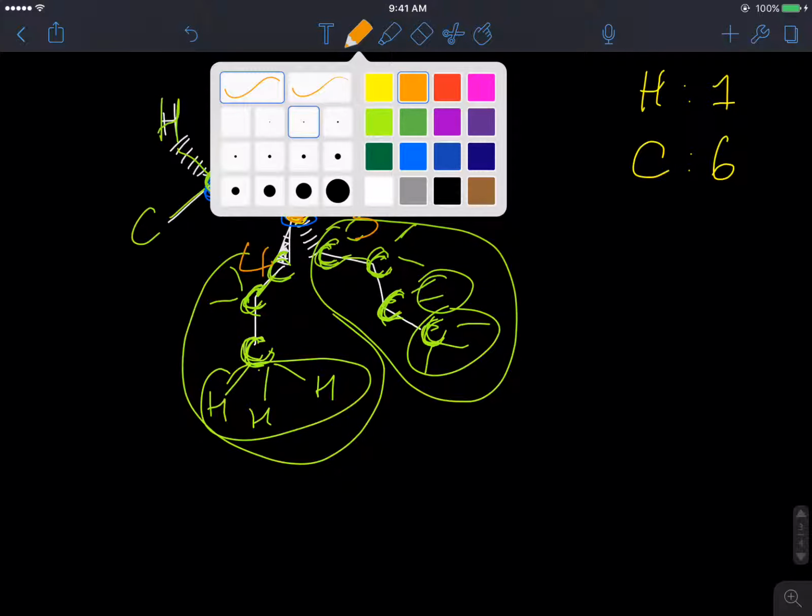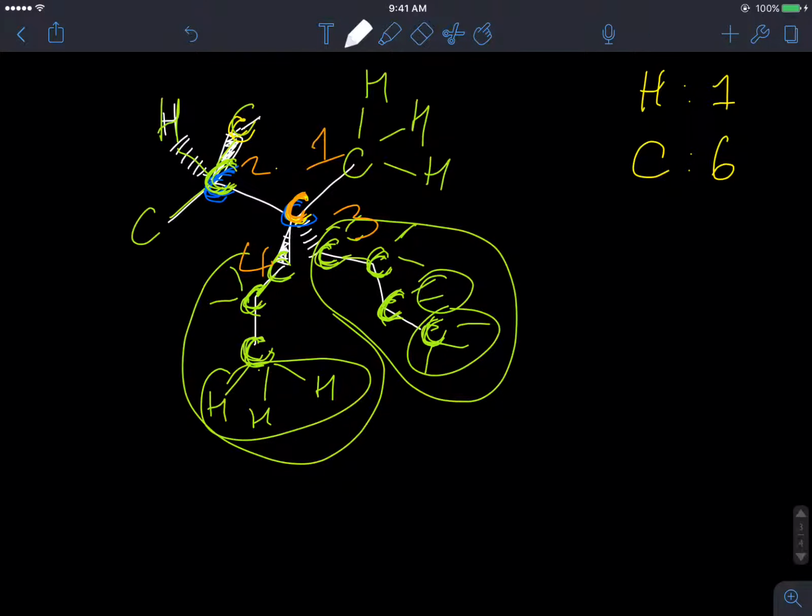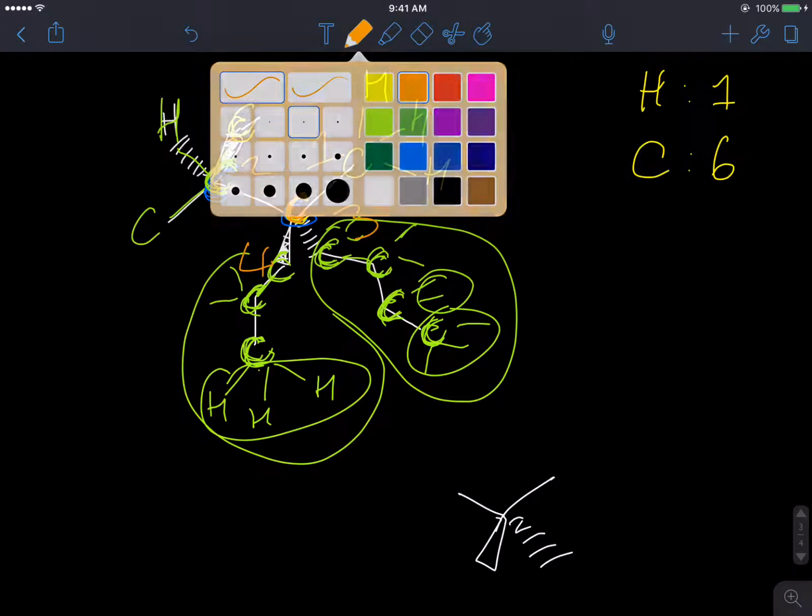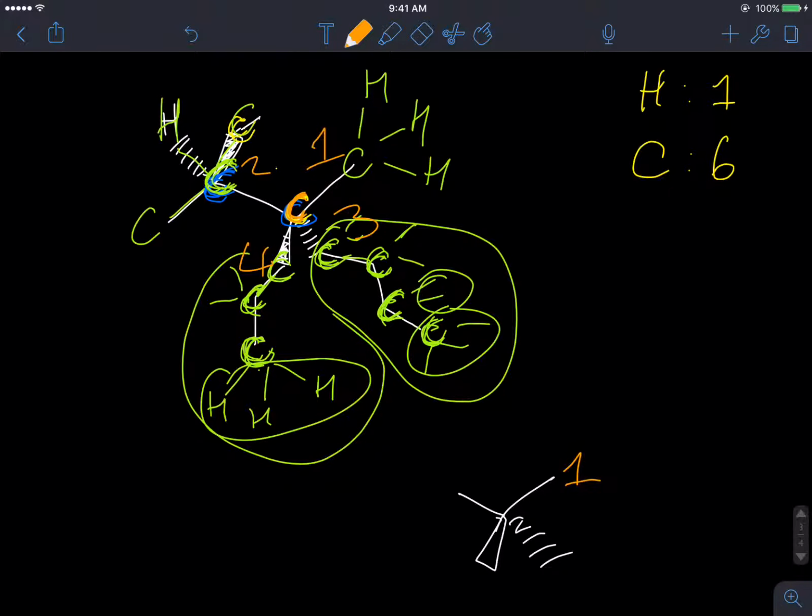And actually, obviously, we need the bond line. Number 1, number 2, number 3. This is number 4. And number 3 is not on the dash. We have to switch with number 4. And 3 with 4.